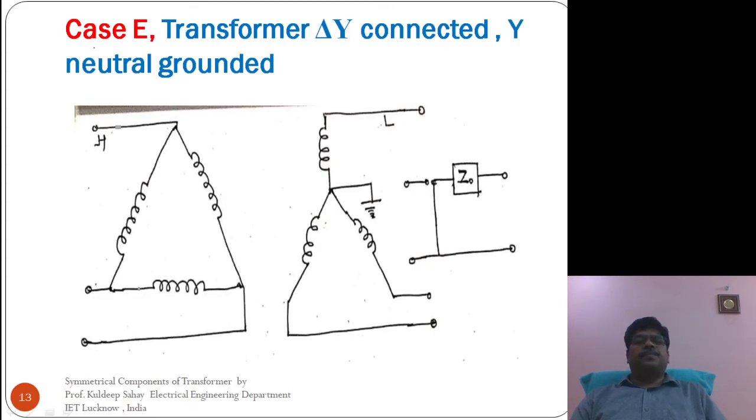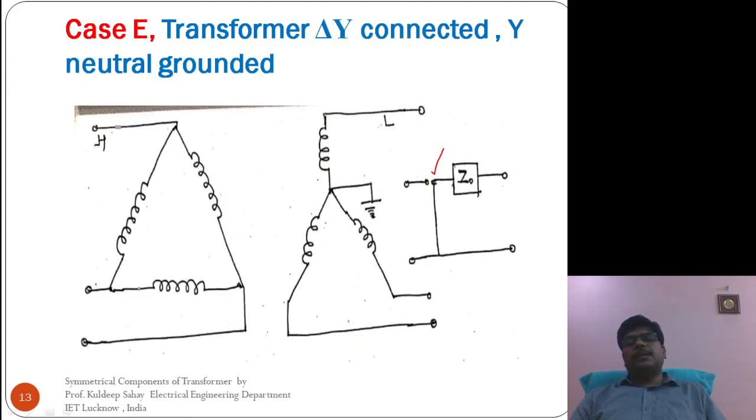Fifth case, primary is delta, secondary is star, and the star point is grounded. Since the primary is delta, if you find the delta, then that side shunt switch will be closed. But on the primary ST side there is no star, so that series switch will remain open, while there is a delta, so that shunt switch will be closed.